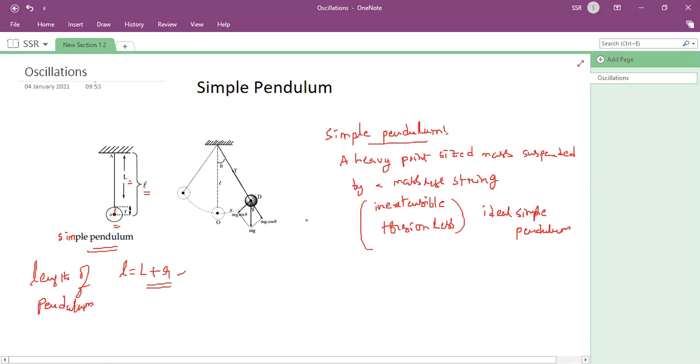In reality we can't define a point size, so you can take a heavy metallic sphere, or a bob, suspended from a lightweight string. This is used as a simple pendulum. Are you clear on this?